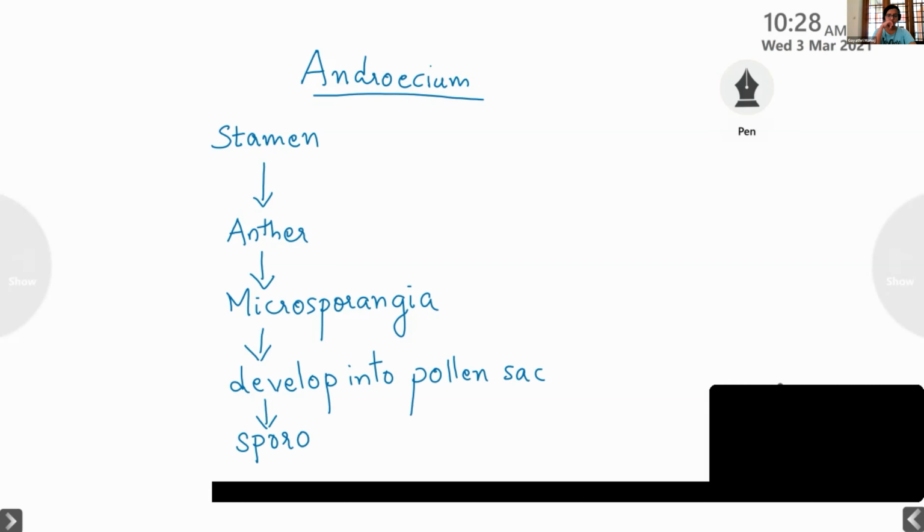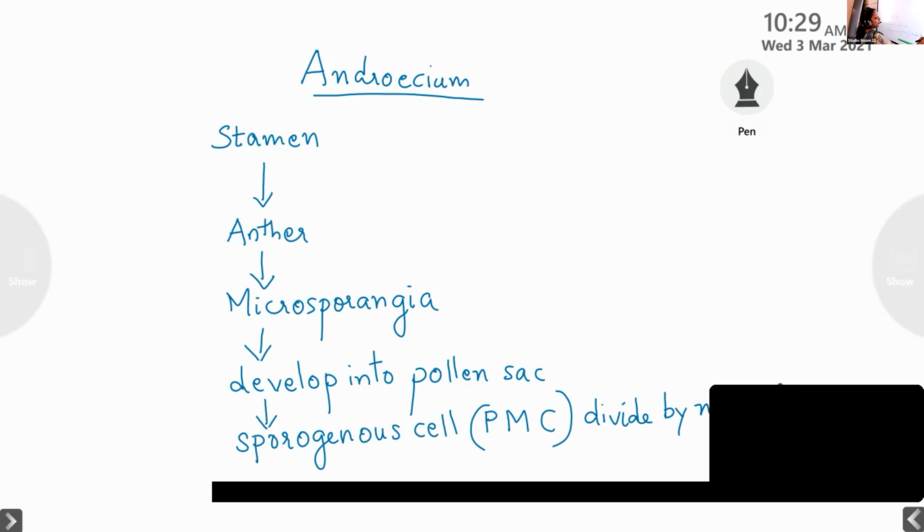It is a group of cells, and each sporogenous cell can be called a potential pollen mother cell. They will carry out meiotic division.